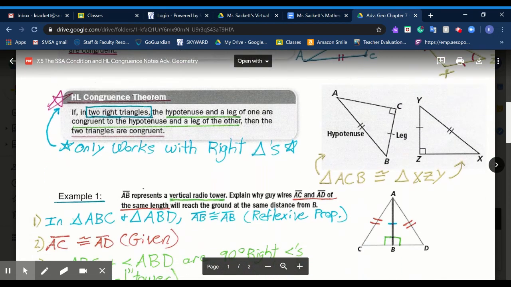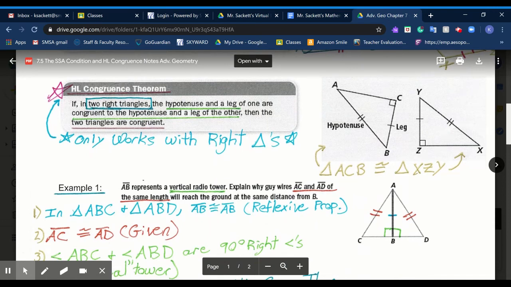Now, the more common and more simple of the two theorems today is the hypotenuse leg congruence theorem. What you want to keep in mind is that the hypotenuse leg congruence theorem only works if we have right triangles. If we don't know it's a right triangle, then we cannot use this theorem. So remember, in a right triangle, the hypotenuse is the side opposite the 90-degree angle, and the legs are the two sides adjacent to or that make up the 90-degree angle.